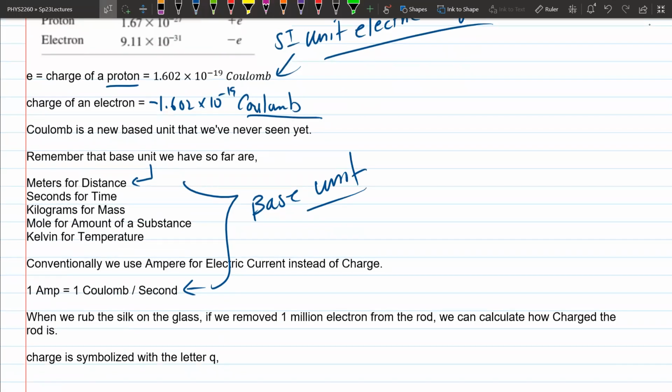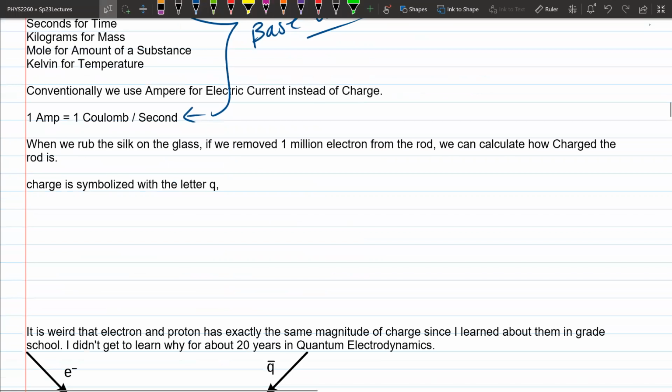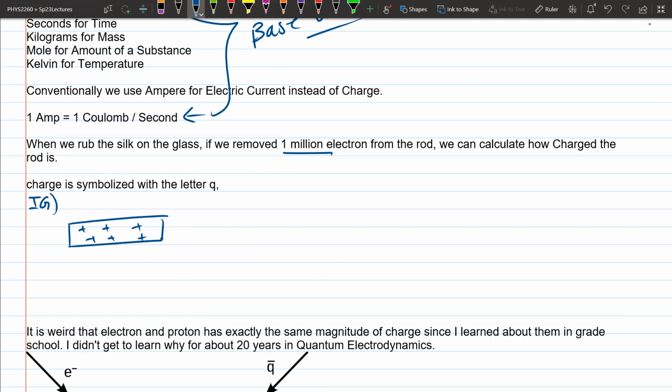Okay. So let's do a quick example. If I rub silk on glass and I remove 1 million electrons from the rod, can I figure out how much charge is on the rod? So what I want to do is start my information gathering. We're going to practice this again. I have a glass rod that has an equal number of positive and negative charges to begin with.